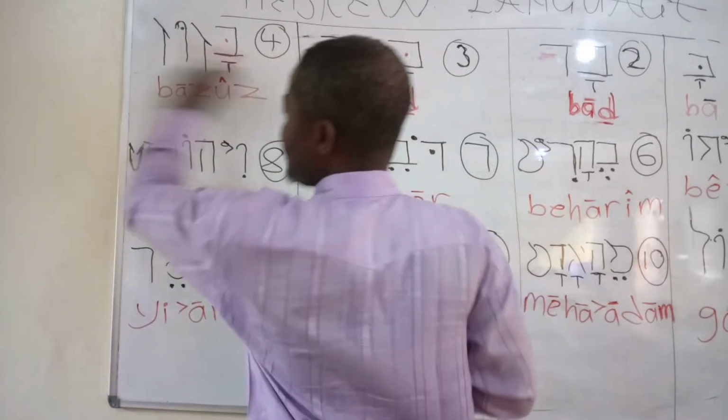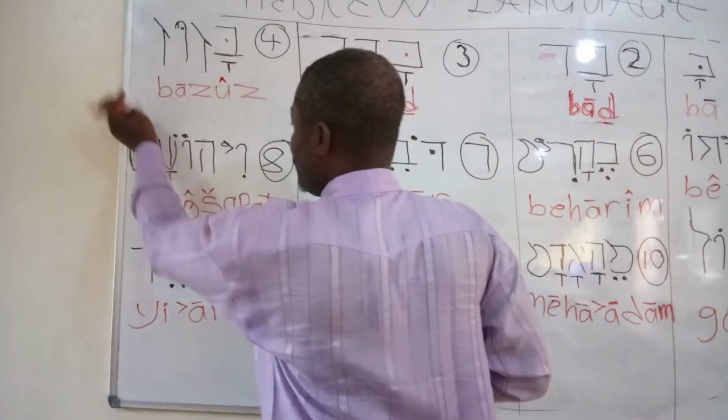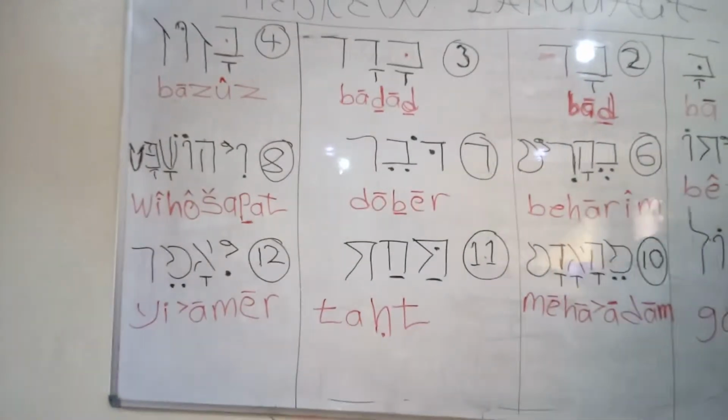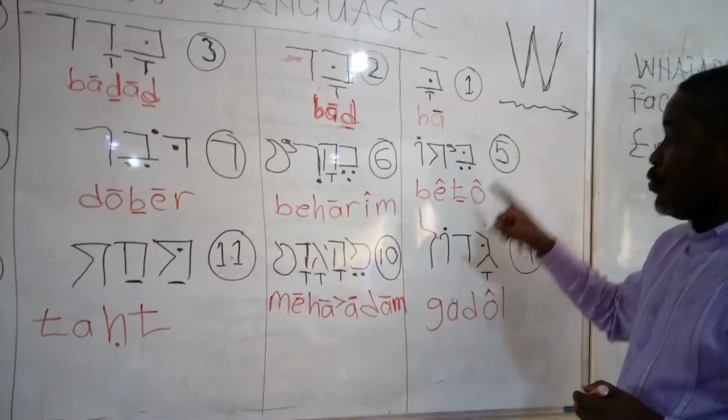You read this way in Hebrew and this other way in English. Then we come to number 5, which is beto.